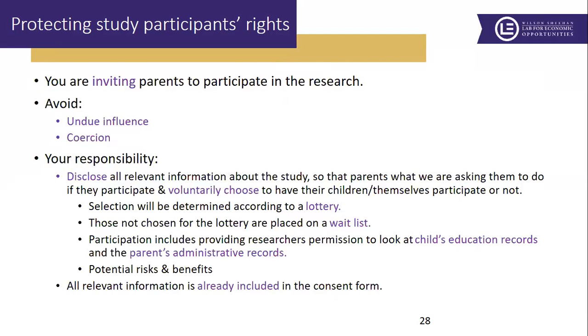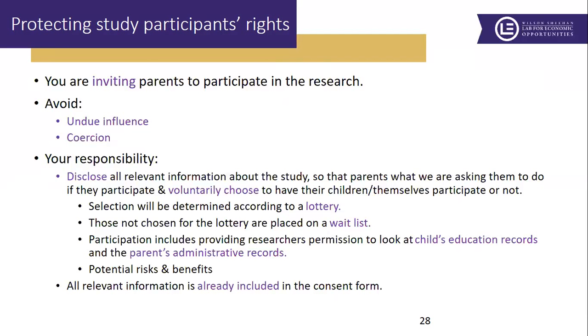And so it'll be your responsibility to tell them about the research, and we'll talk about what message needs to be conveyed to parents. The most important things to convey to them will be that selection is determined according to a lottery. If you're not chosen from the lottery to be in the program, you'll be placed on a wait list, which is also randomly ordered.